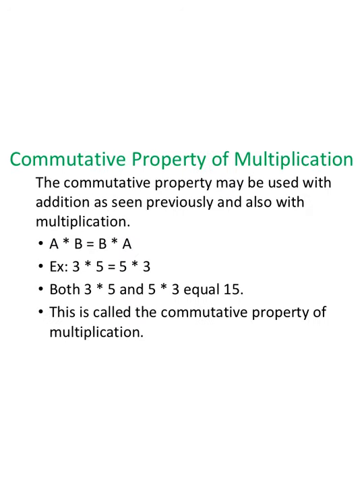The commutative property can also be seen with multiplication. So in the same way, all the numbers are going to do is change places. So you see down below, a times b is equal to b times a.